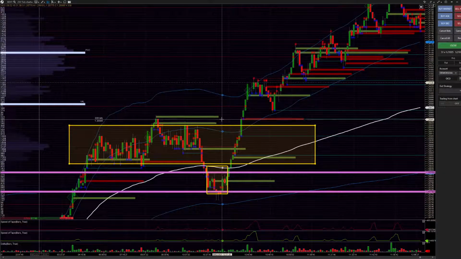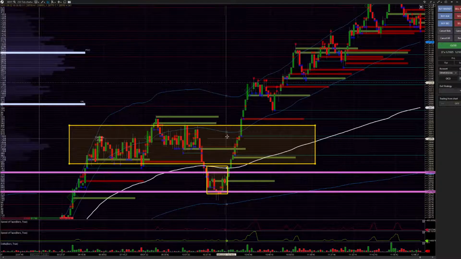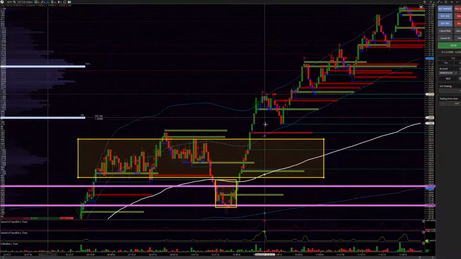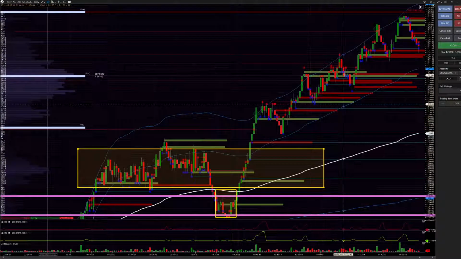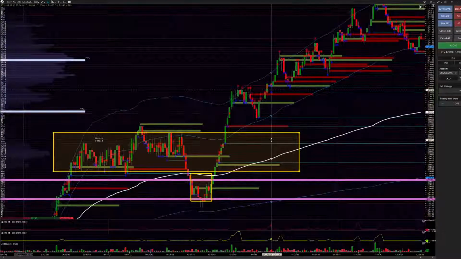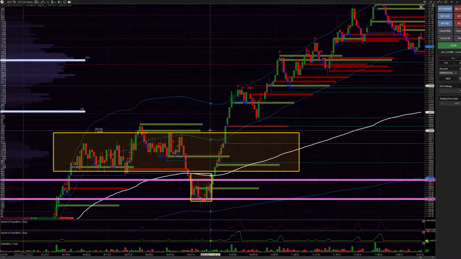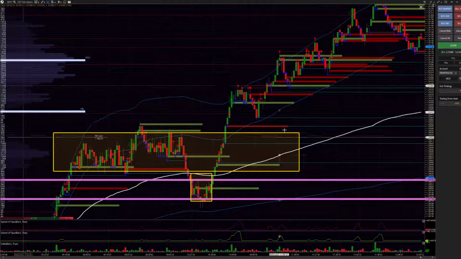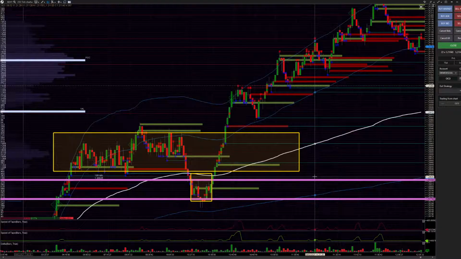Put yourself in these guys' shoes, these sellers. They are now losing money because they are looking at how their entry is going negative and negative, because the price is going up and up. And if they keep holding their position, if they can, they will be waiting for the price to get back nearby their entry, or start making some profit.